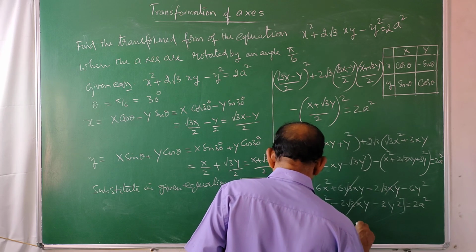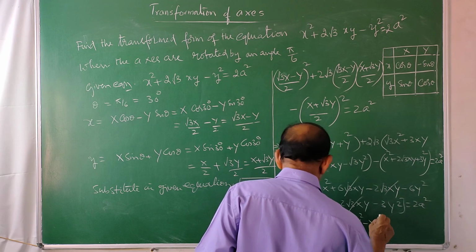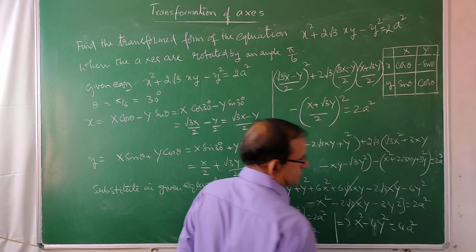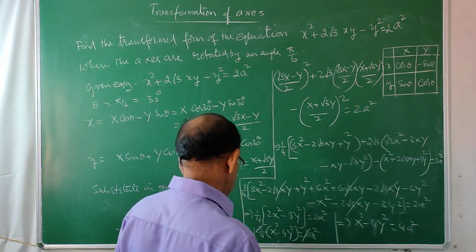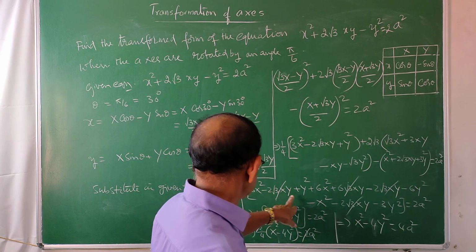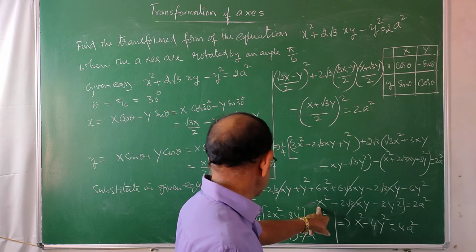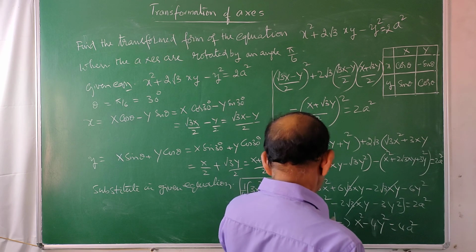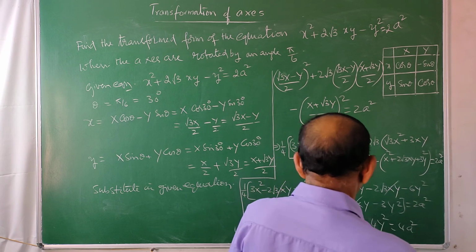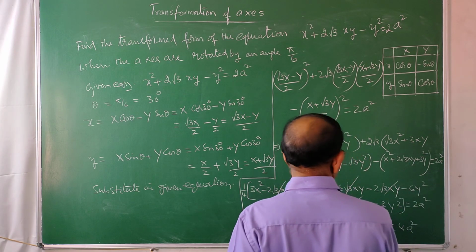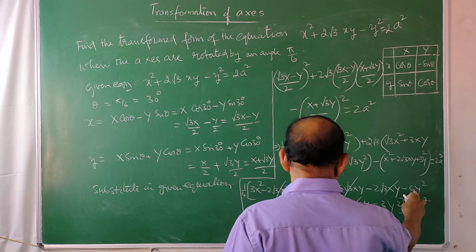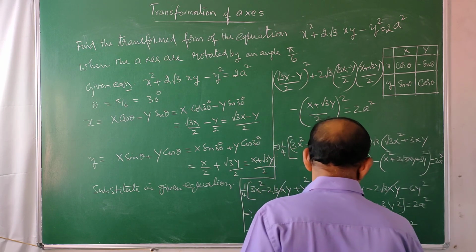Sorry, it seems there is some mistake. 3x square minus x square, 2x square, and the y square terms, y square, and here this is minus x square minus 2 root 3 xy minus 3y square.